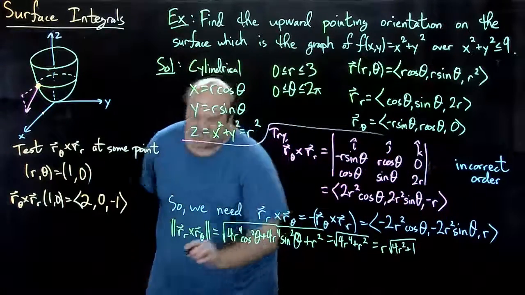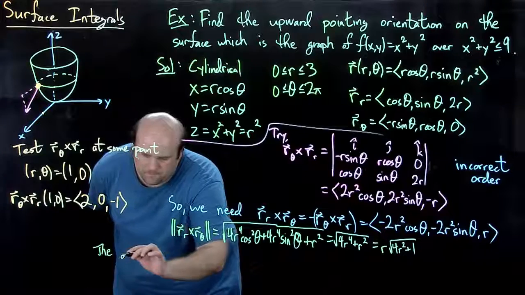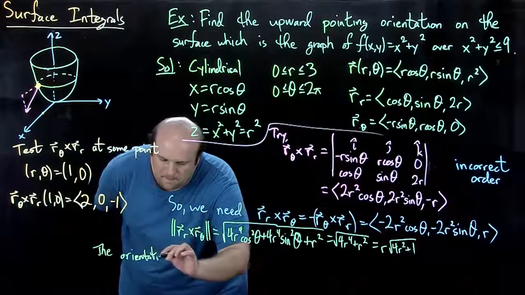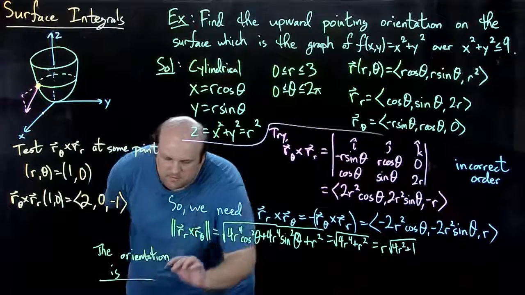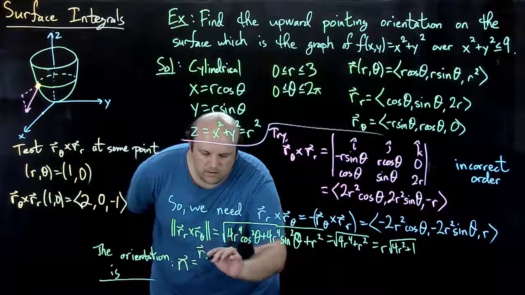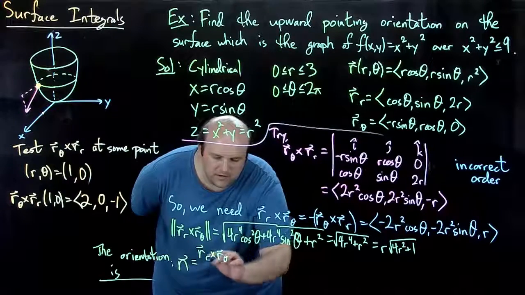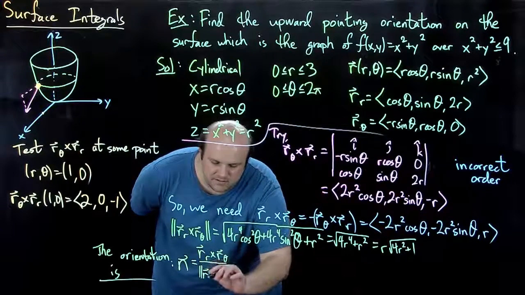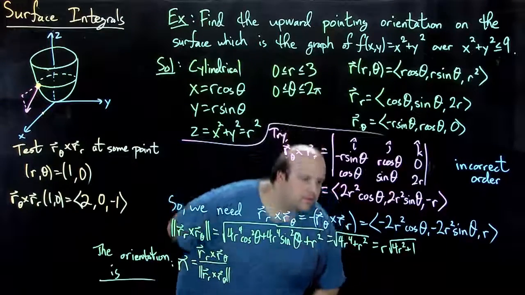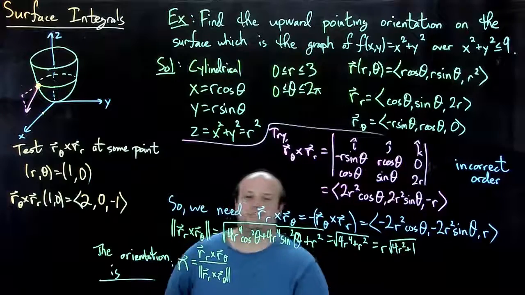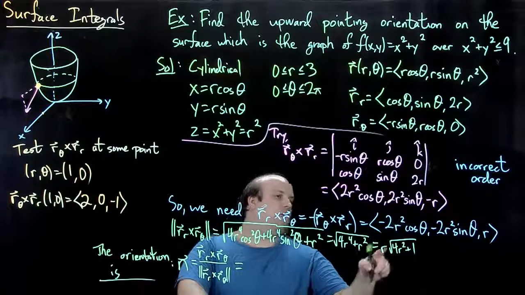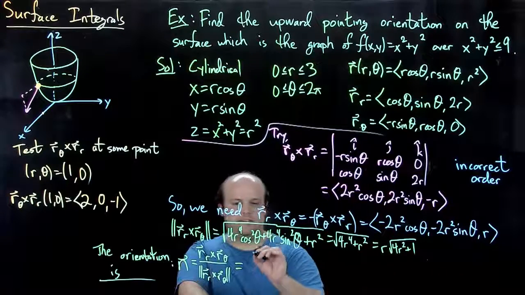Right? So then the orientation, call it n, will be r_r cross r_theta over the magnitude of this. The r will cancel one r from each of these.